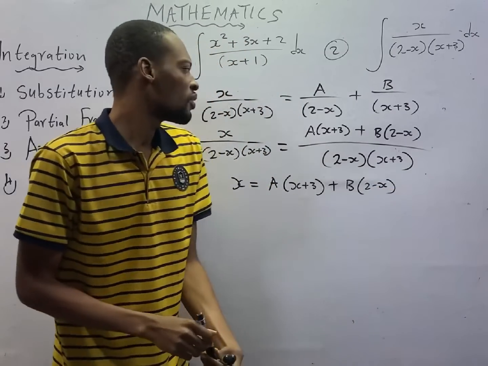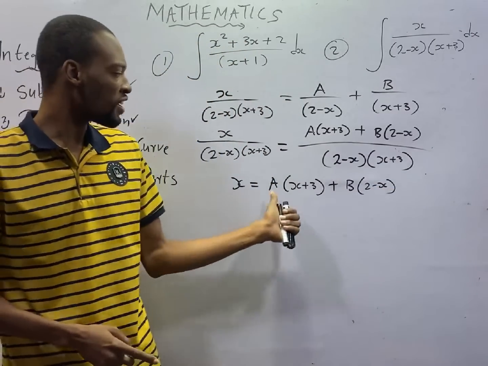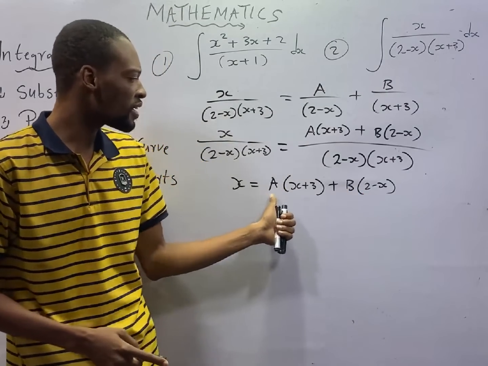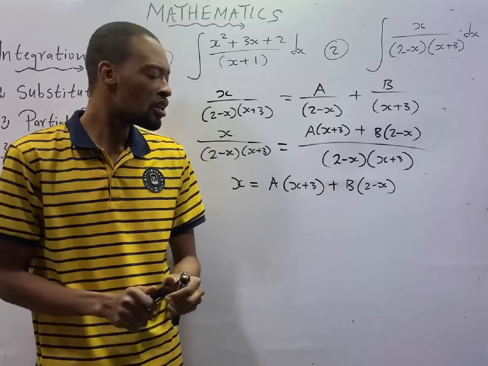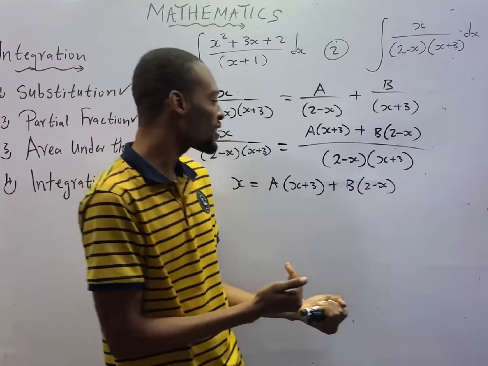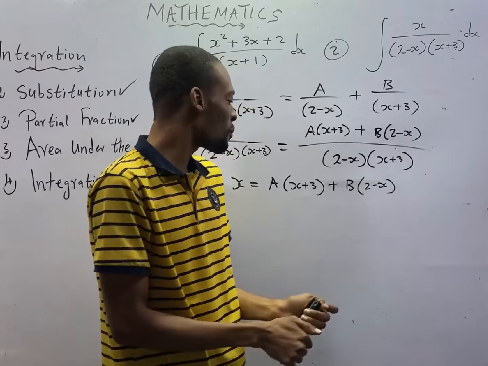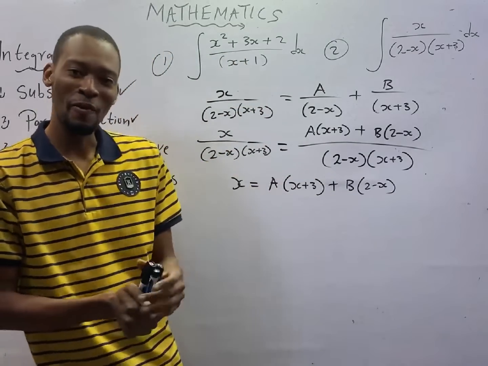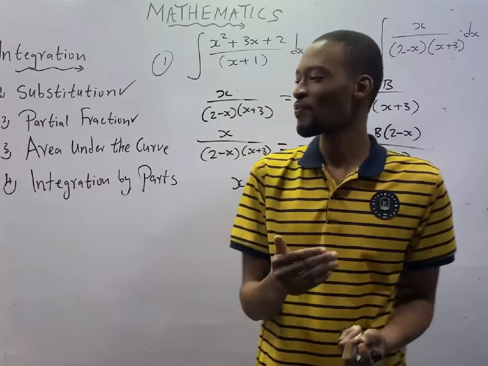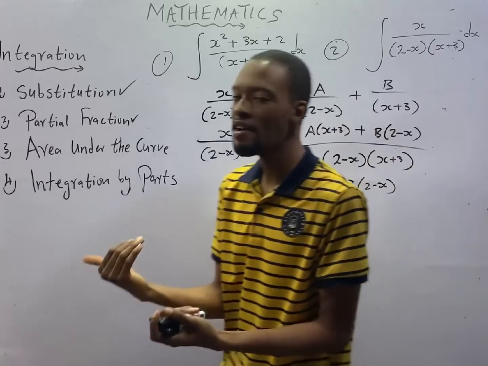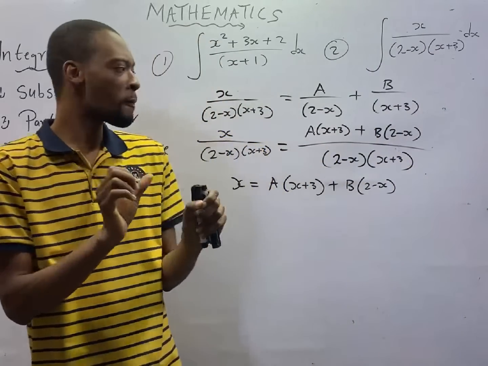Now we need to look for the values of A and B. How do you look for the value of A and B in this case? You reason: what should I do to make A 0? And what should I do to make B 0? It is very, very easy to figure out.